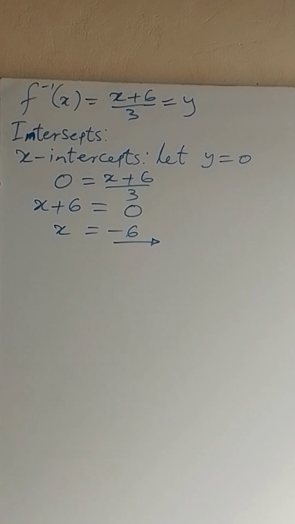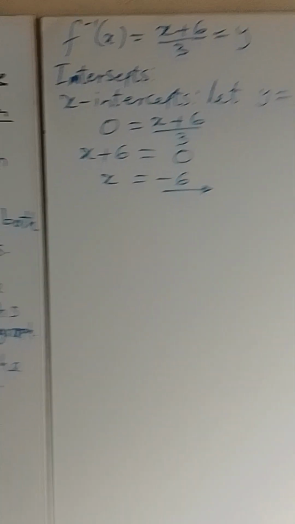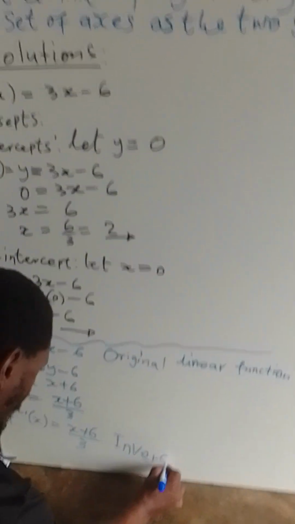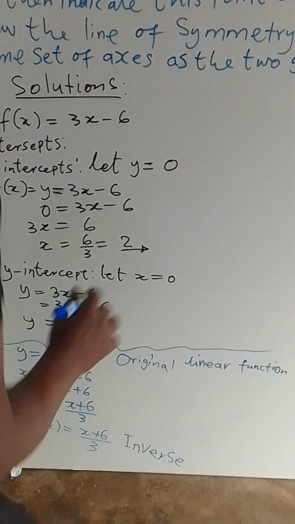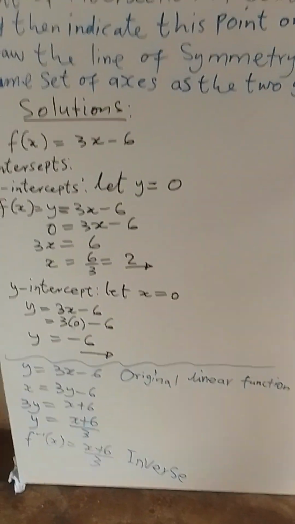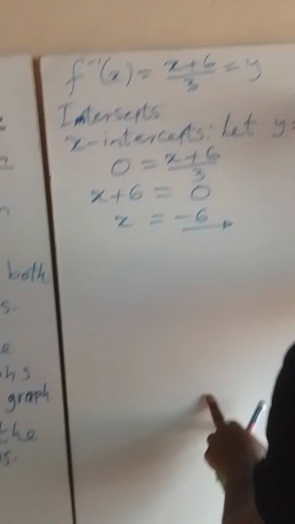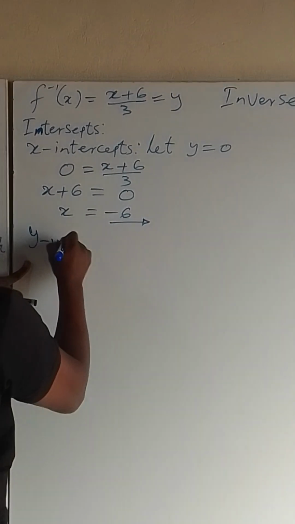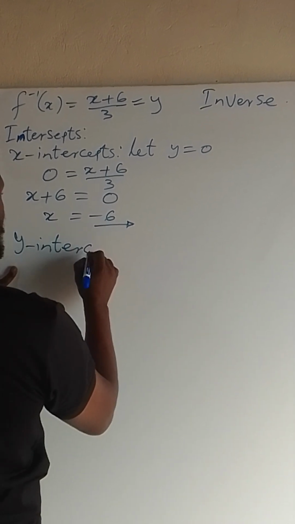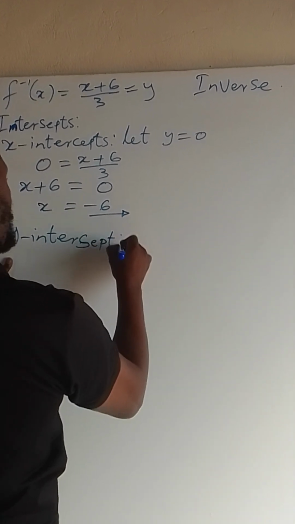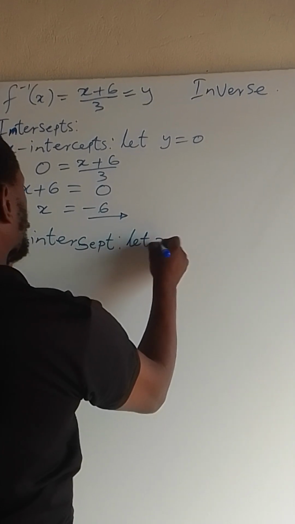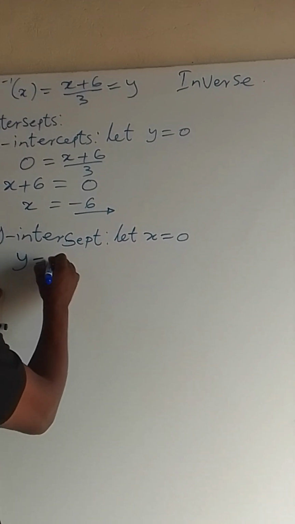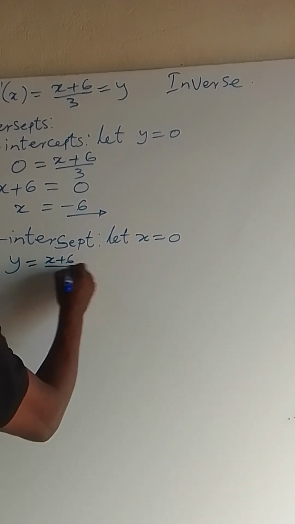This is going to be our inverse. Now we find the y-intercept. Let x be equal to 0. Then you grab your inverse function, which is (x + 6)/3.